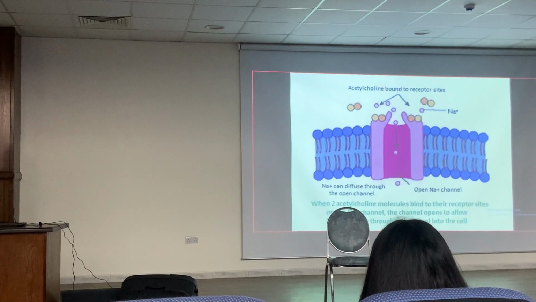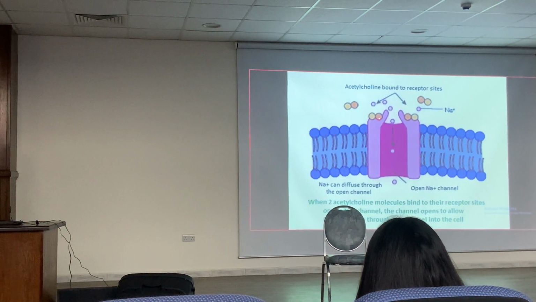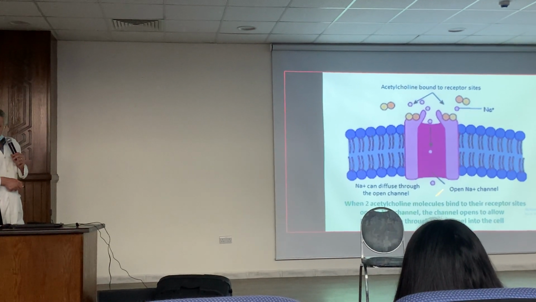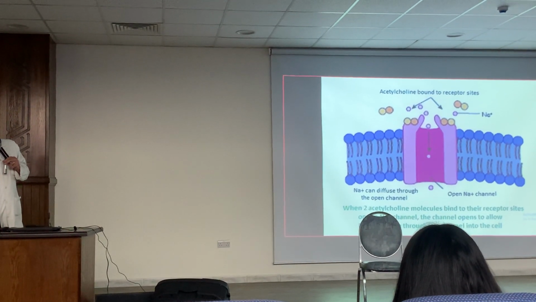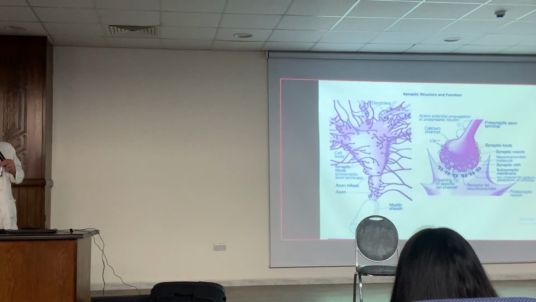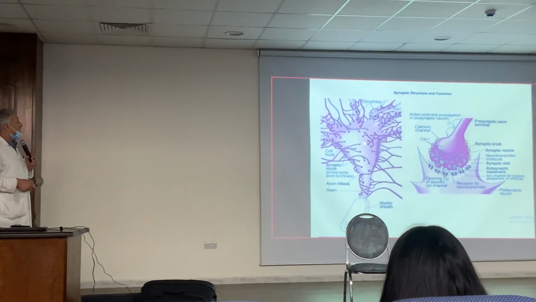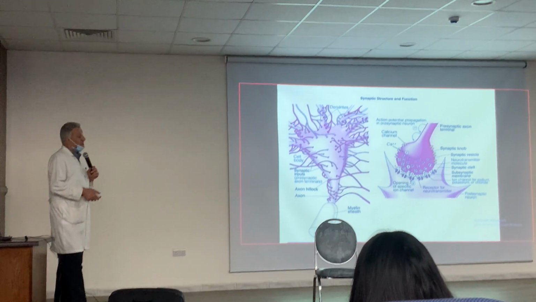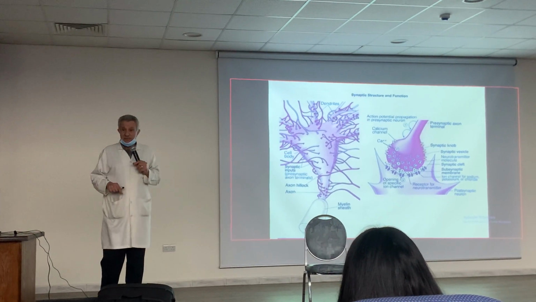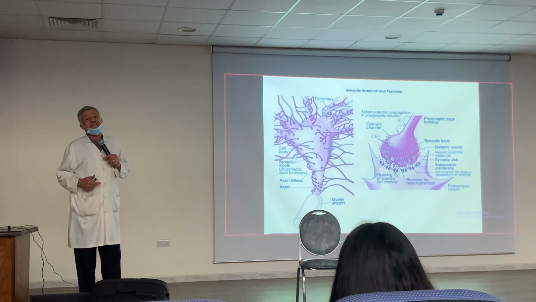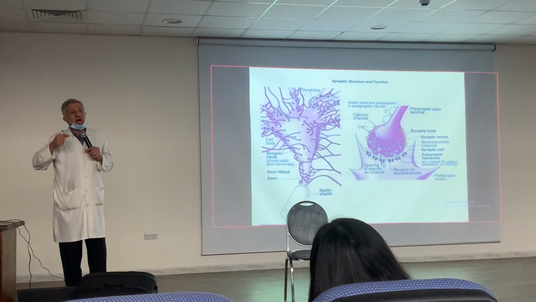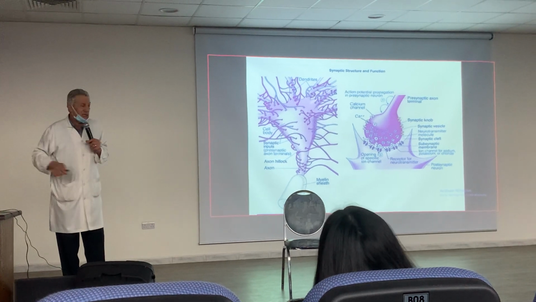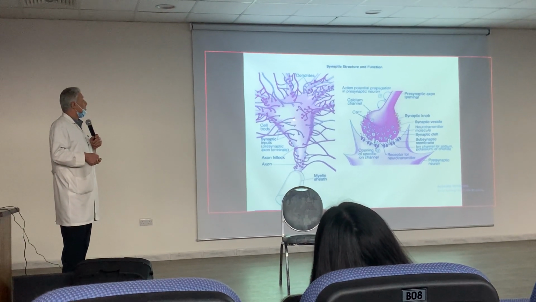For example, the acetylcholine receptor is linked to sodium channels, which can cause depolarization of that membrane. And as you see, we have a lot of terminals synapsing with the cell body of the postsynaptic neuron. You know now what we mean by postsynaptic neuron. So the second neuron is called the postsynaptic neuron.